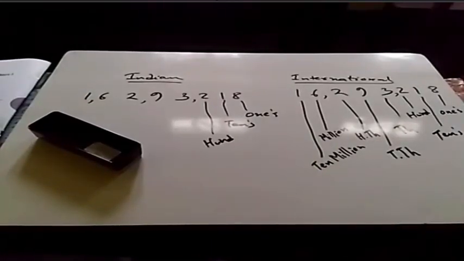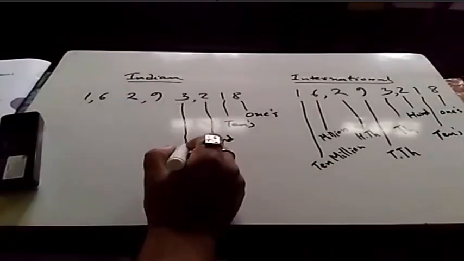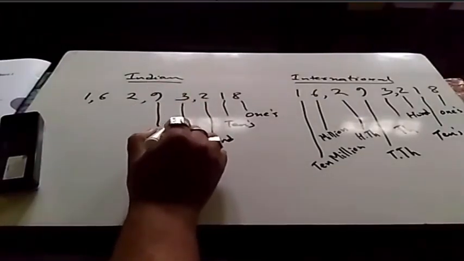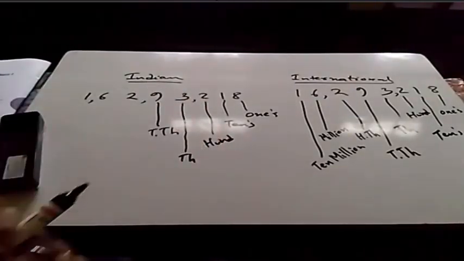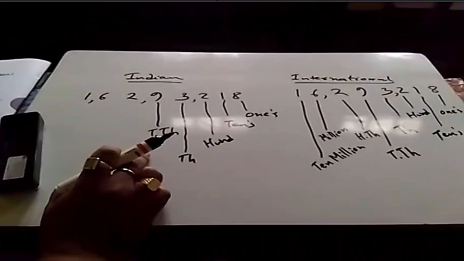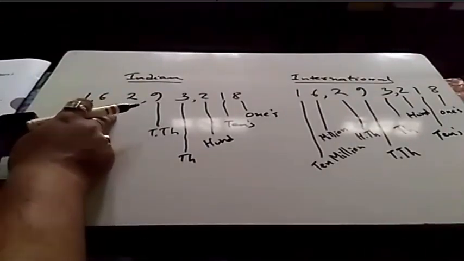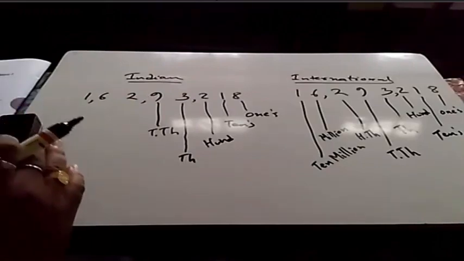Now, in Indian system, after 100 comes 1000, then 10,000. Up to this point, it is same as the international system. But after 10,000, there is a period. After that period comes the lakhs house.